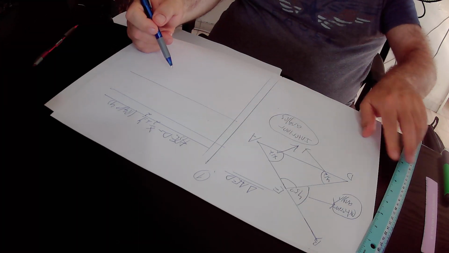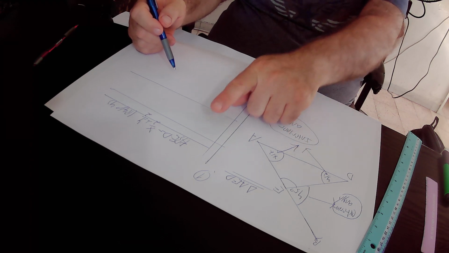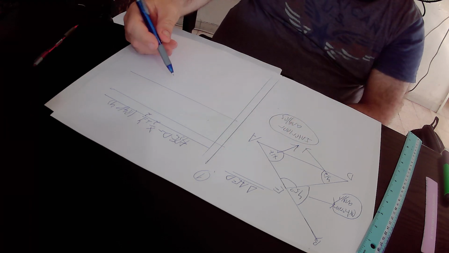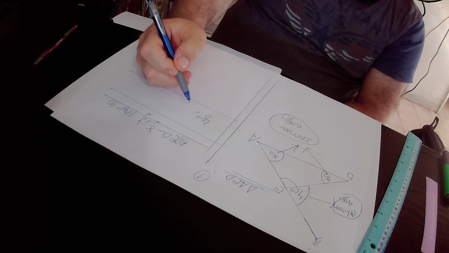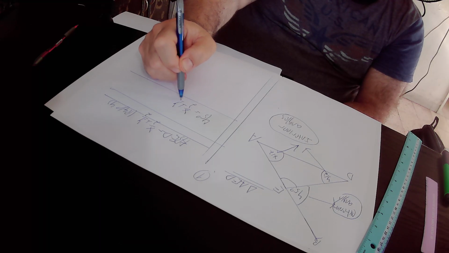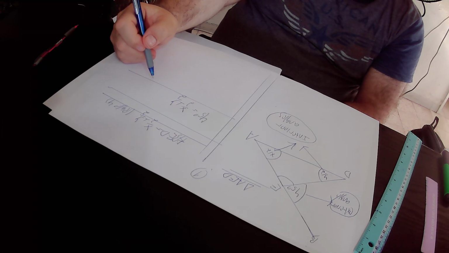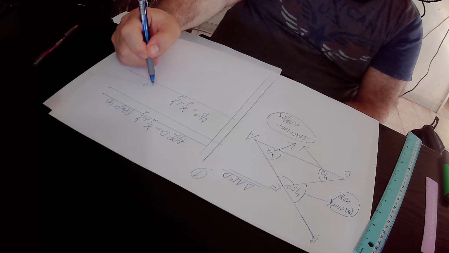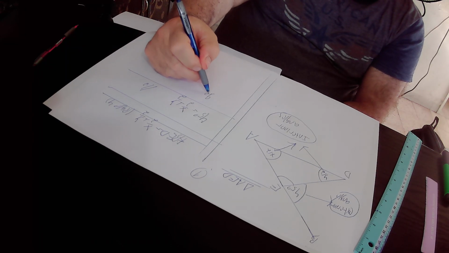But it is given in the question that the size of angle BED is 45 degrees. So we substitute BED by 45 degrees. So 45 degrees equals x over 2 plus y over 2. Here we multiply this equation by 2, and you get that 45 degrees times 2 is 90 degrees.